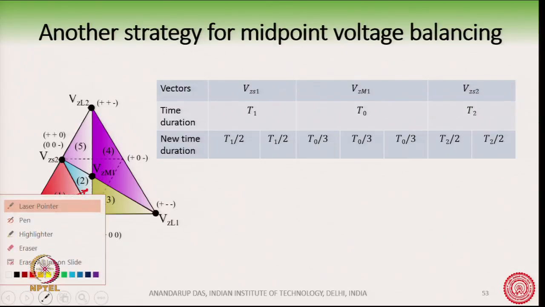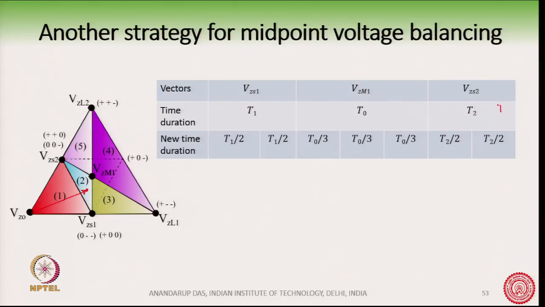So, T1 plus T2 plus T0 is equal to Ts, the total time period. Now, before I switch the Vzm1, first I will divide this T1 into two parts, T1 by 2 and T1 by 2, T0 into three parts, T0 by 3, T0 by 3, T0 by 3, and T2 into two parts, T2 by 2 and T2 by 2. So, I am splitting the timing duration and we will apply the space vectors in a clever fashion.